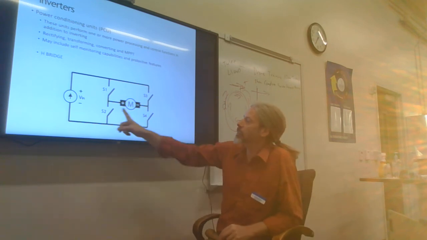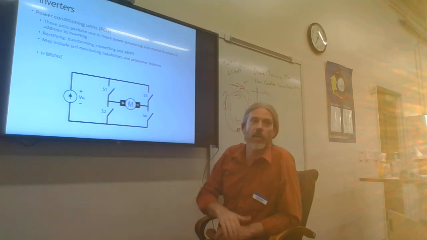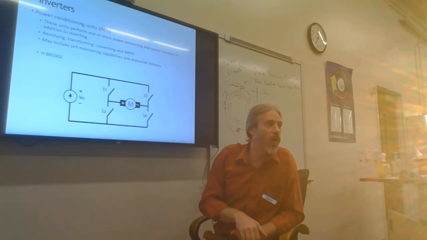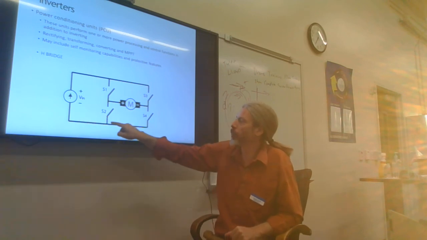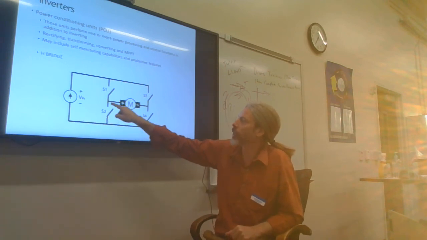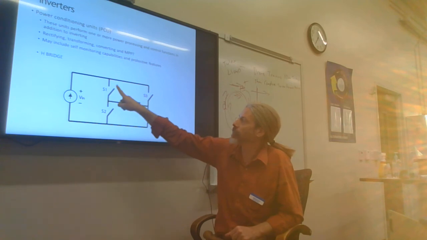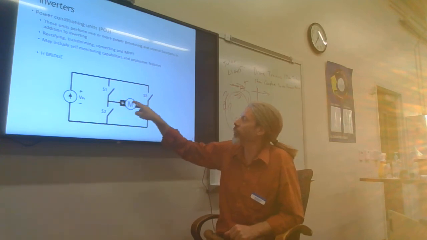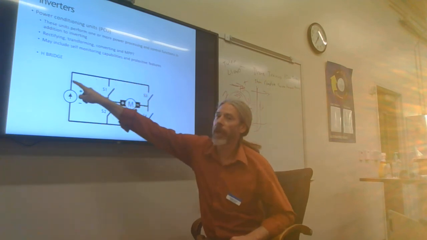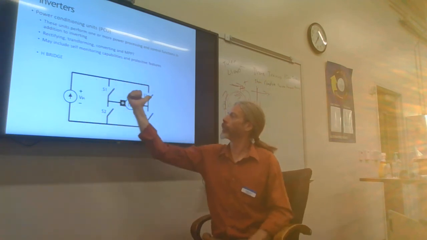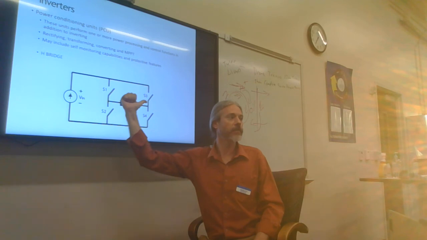Meaning, if S2 is closed, S3 is closed. So let's follow our path of electrons. I come out of my negative. If S2 is closed, I go over here. I can't get through S1 because it's open. So I have to go through the load and back. Notice the flow of electrons was from left to right. Everybody follow me with that?